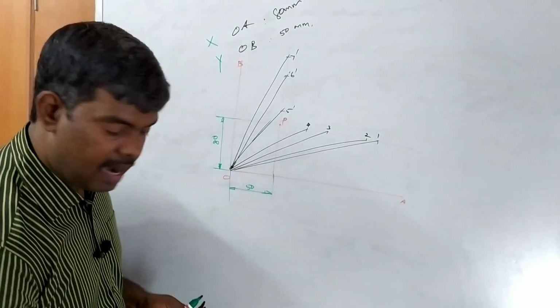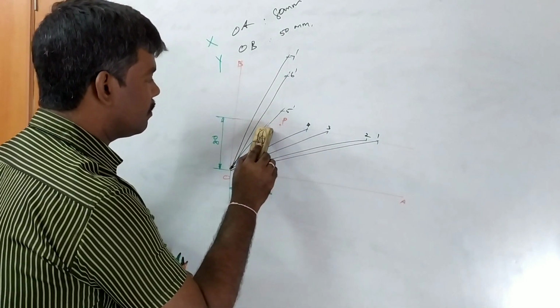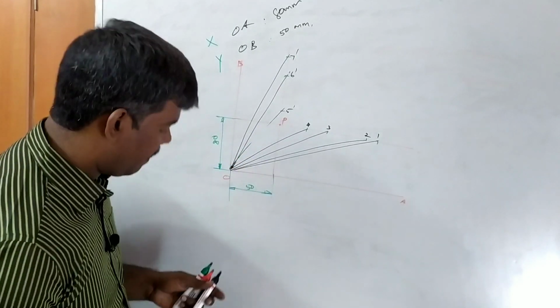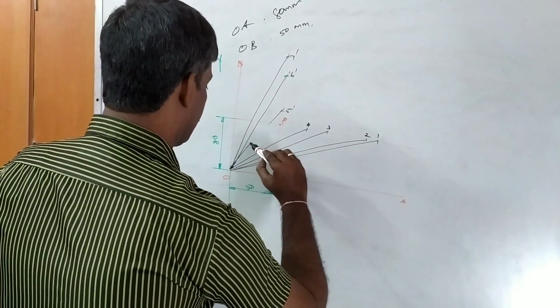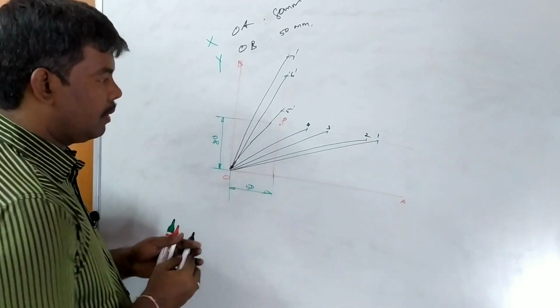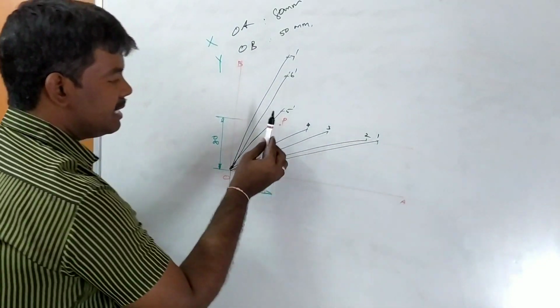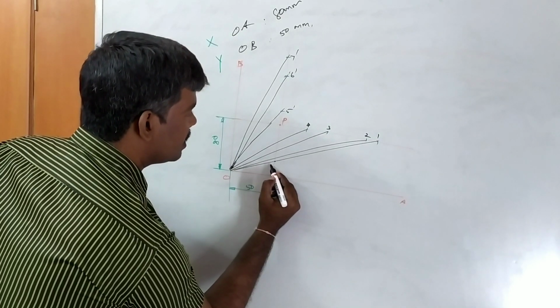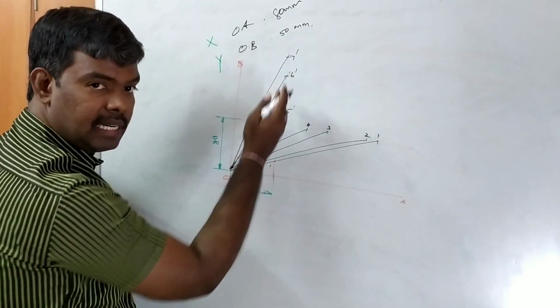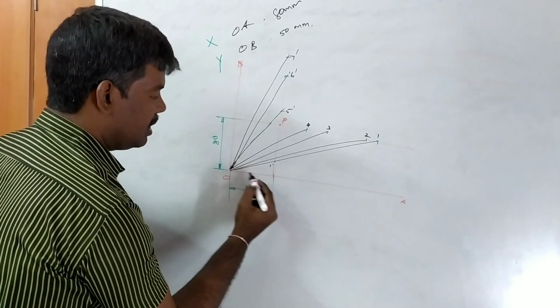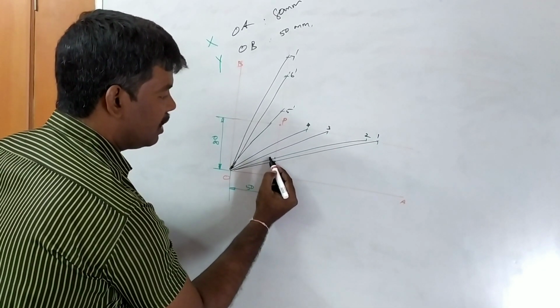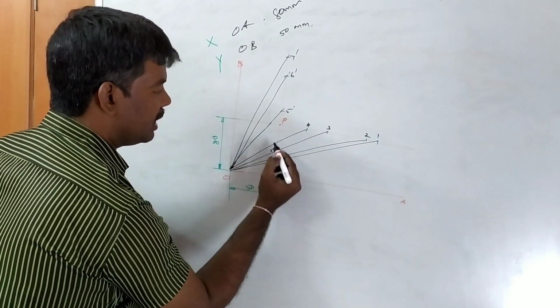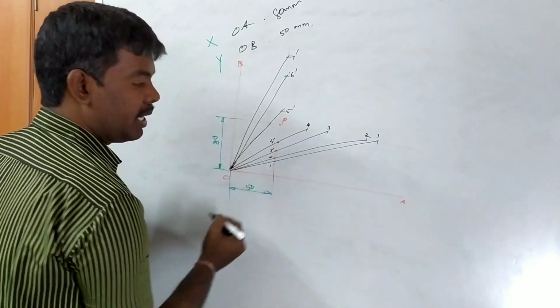After that, where O1 intersects the line parallel to OB, let us consider this is 1. It is vertical numbering, therefore with dash, 1 dash. Similarly O2 intersection is 2 dash, 3 intersection is 3 dash, 4 intersection is 4 dash.